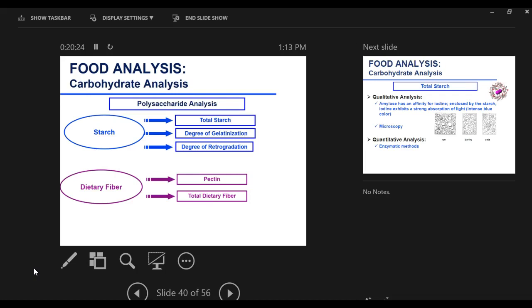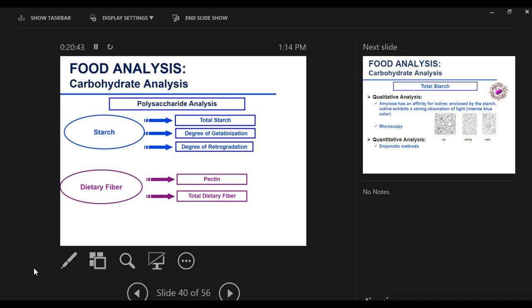Moving on to starch. So starch and dietary fiber. So for starch, we often determine total starch. And sometimes you want to determine the degree of gelatinization of starch and the degree of retrogradation.